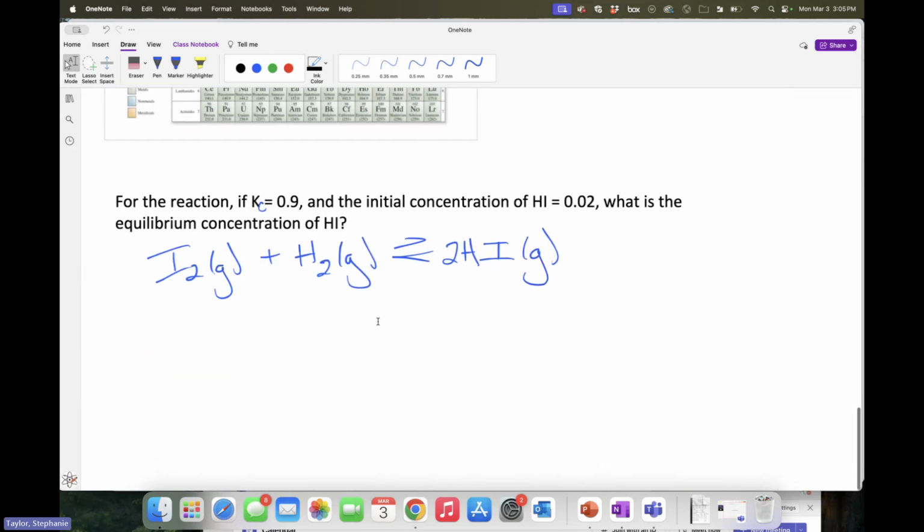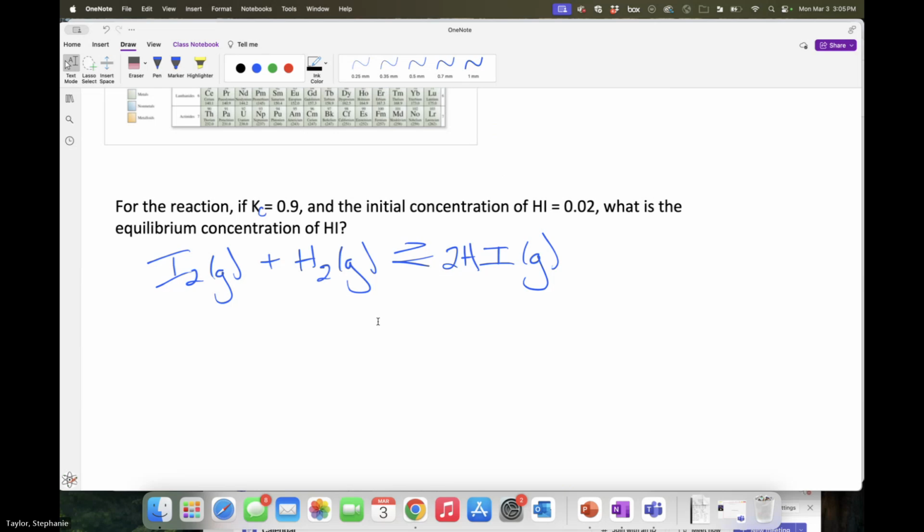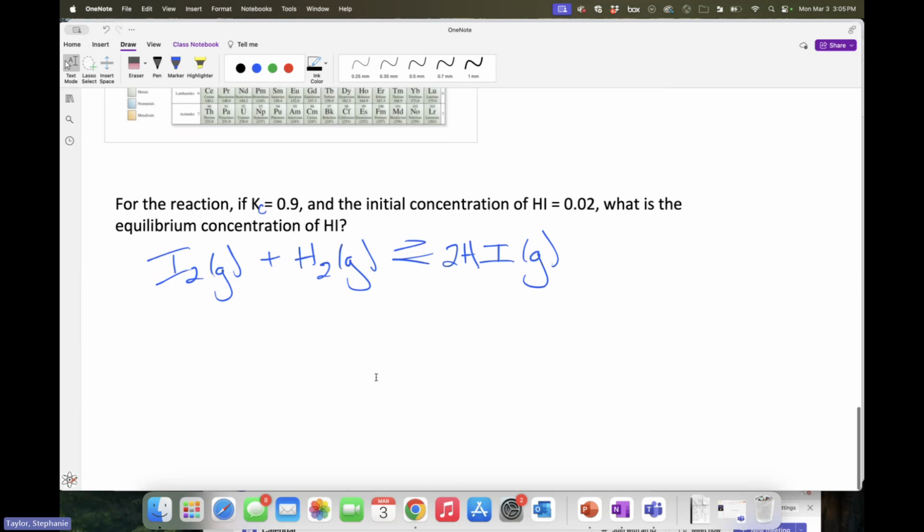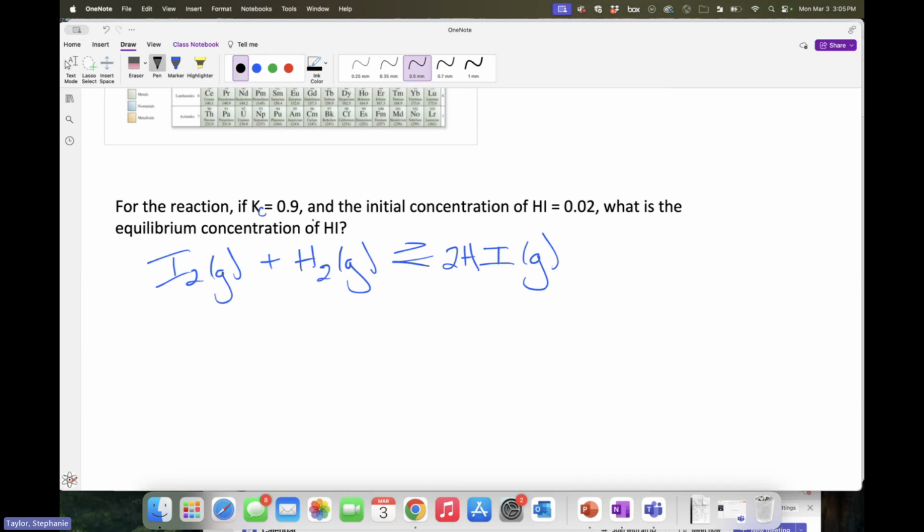So I am just going to go ahead and start with this question because I've got this one prepared, while I'm going to assume questions are coming into the chat because I'm seeing people come in little by little. So this says, for the reaction below, which yes is written by hand so that I can write in those equilibrium arrows, if Kc is equal to 0.9 and the initial concentration of HI is 0.02, what's the equilibrium concentration of hydrogen iodide?